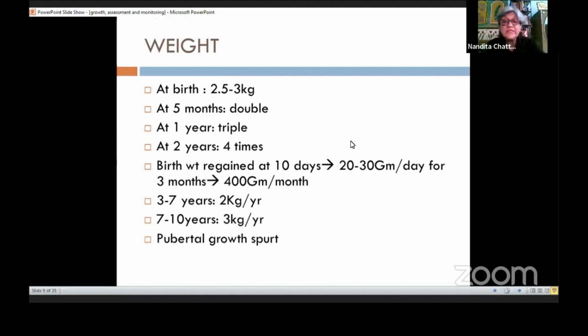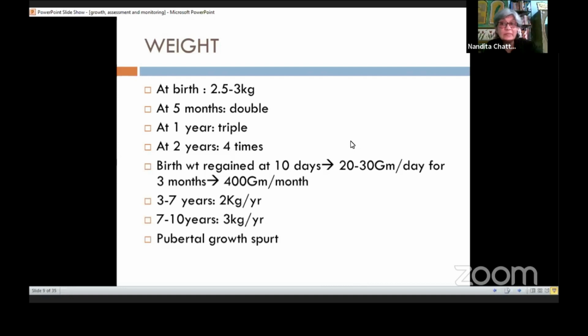Then this rate comes down. What was 20 to 30 grams per day actually meant, multiply this by 30. That means 600 to 900 grams per month in the first 3 months. This comes down to almost half, only 400 grams per month after 3 months.